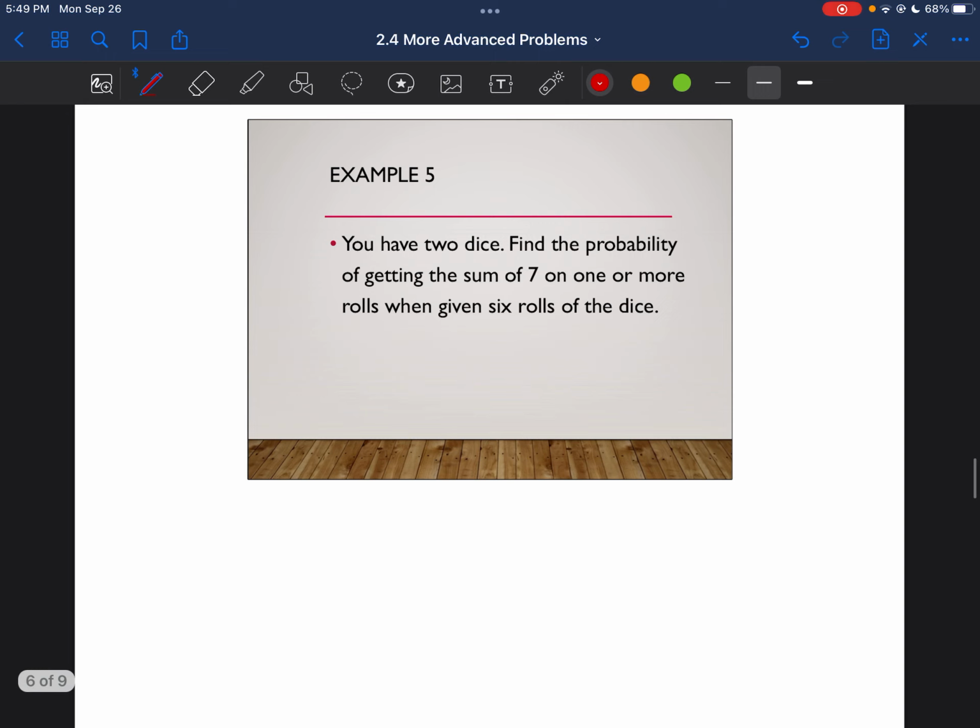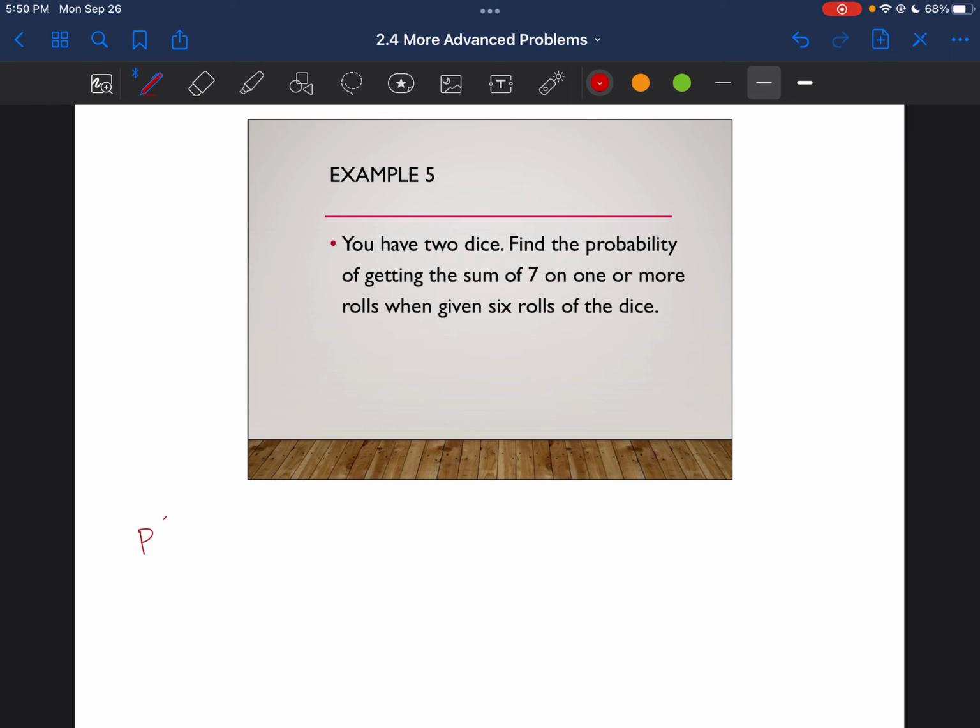All right, so this last example here, we're gonna attack this in a little bit of a different way. So now we have 2 dice, and we are gonna roll it 6 times. We have 6 times that we can roll it, and we're just looking for the probability that I roll a 7 1 time. So that means I could roll it more than once.